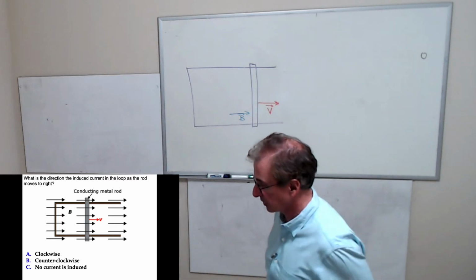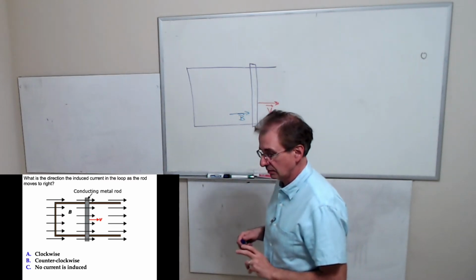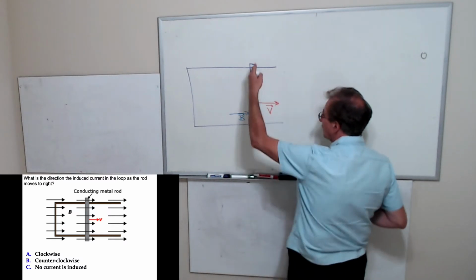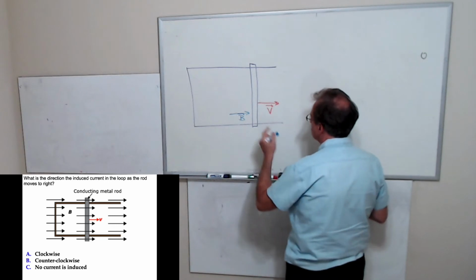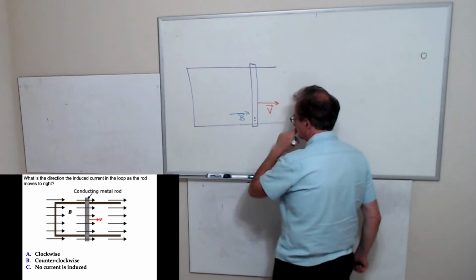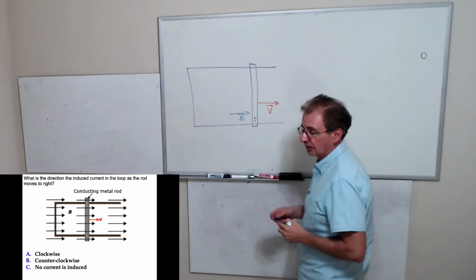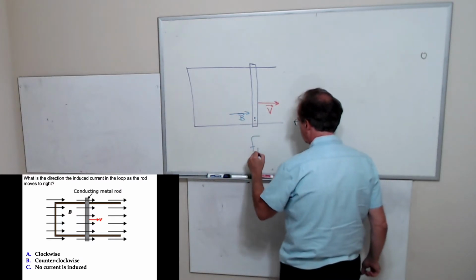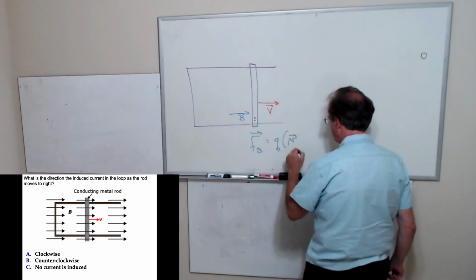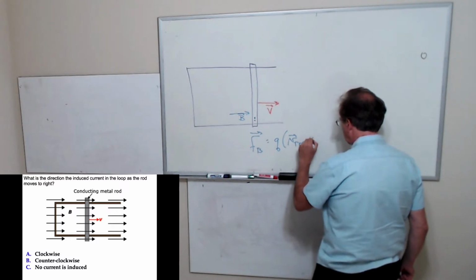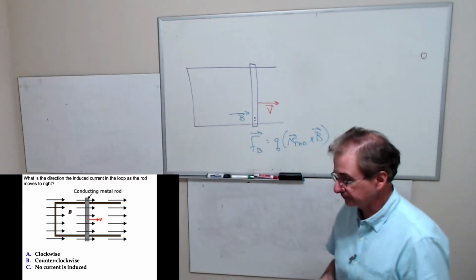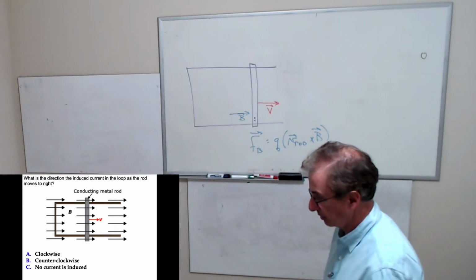So we can answer this question really 2 ways. First of all, the way we talked about it in class is if this rod is a conductor and it has electrons in it, let's say we have an electron here. What is the force on that electron? Well, the force, due to the magnetic field, is going to be Q times V of the rod cross B. What is that cross product equal to if those 2 vectors are parallel?